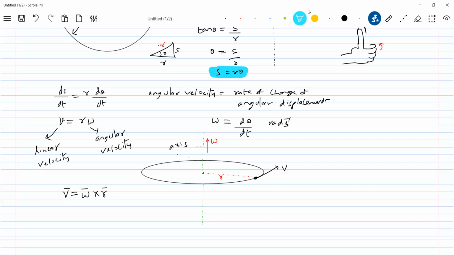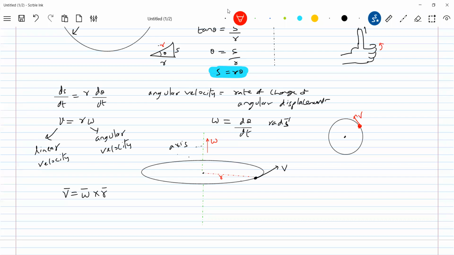This is very important. Now, how is the vector relationship? Omega cross r bar. So now curl the fingers here. This is the vector form. In simple mathematical terms, suppose we know the particle moves in a counterclockwise direction, so how will omega be directed?